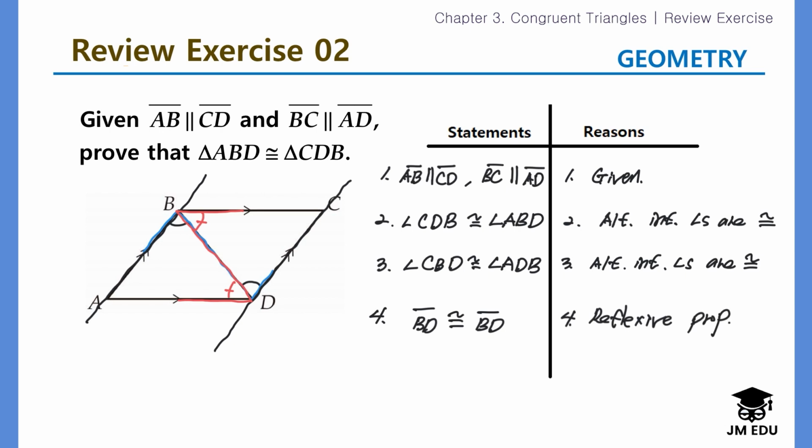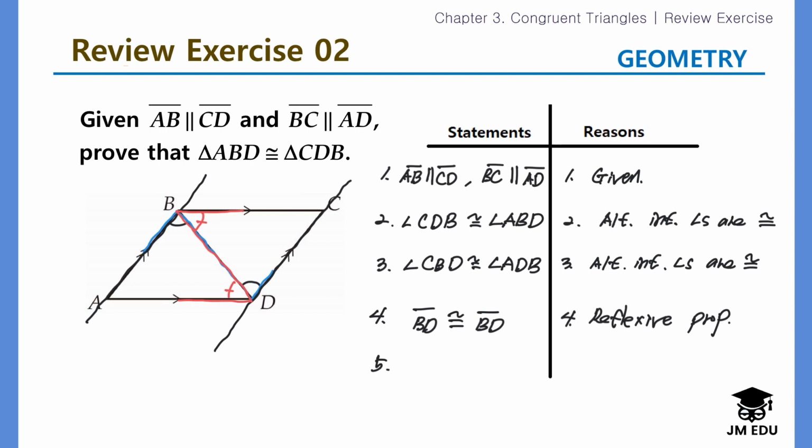So number 5, finally, here we have two pairs of congruent angles, and one side is congruent. So angle, side, angle. By ASA, these two triangles are congruent.